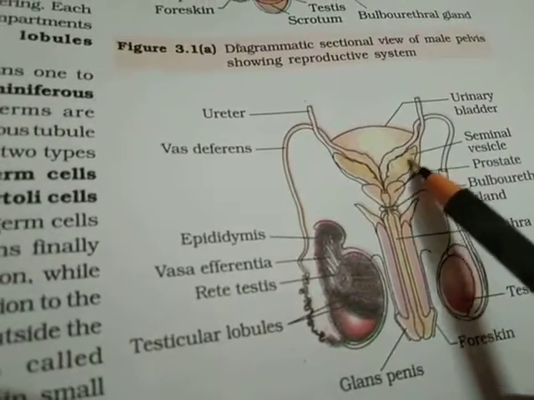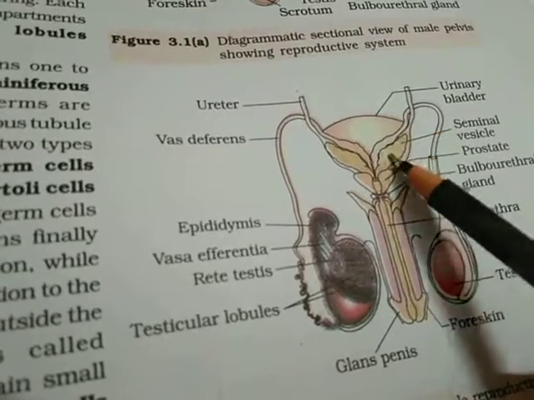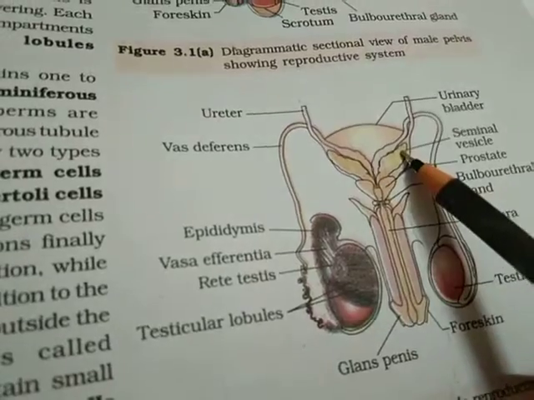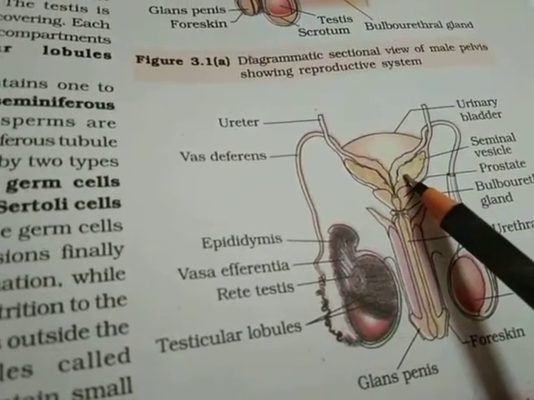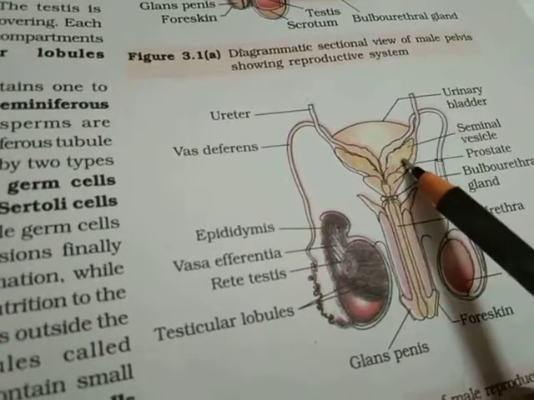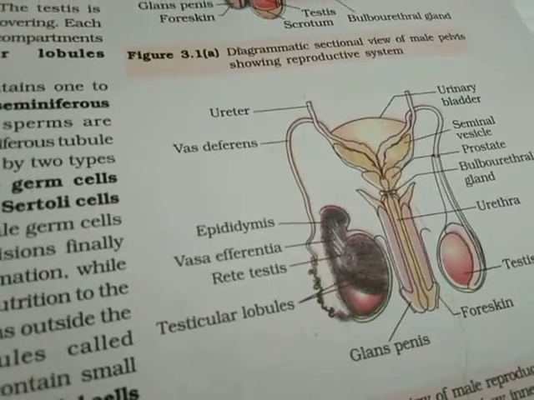You can see here this leaf-like structure which is present just below the vas deferens is the seminal vesicle, students, which is the first gland and provides the liquid medium for the semen. This is the prostate gland which is present below the seminal vesicle and provides alkalinity to the semen.